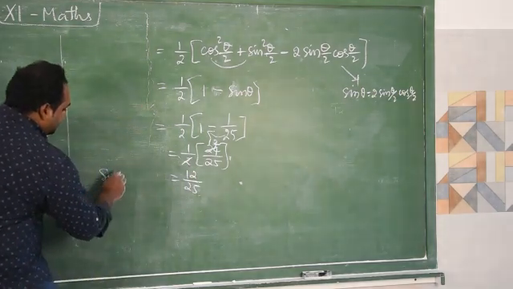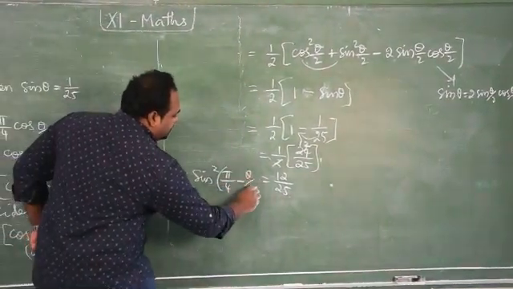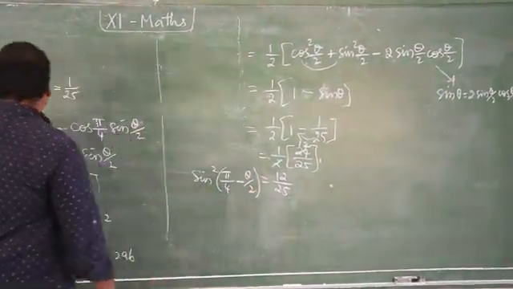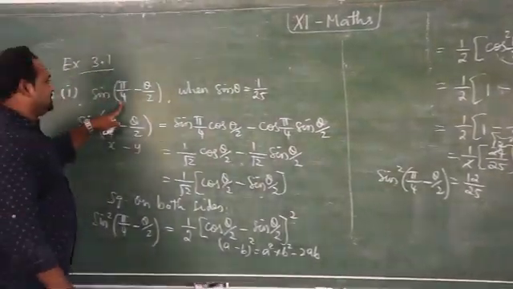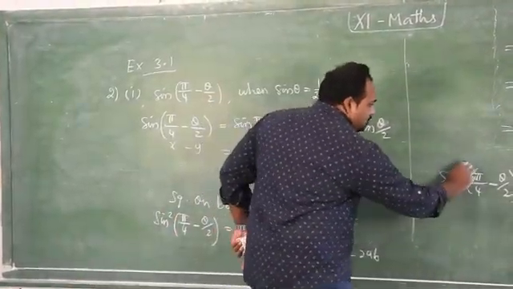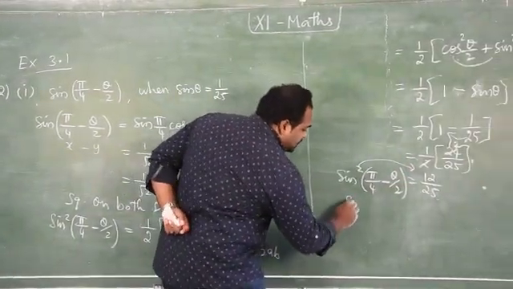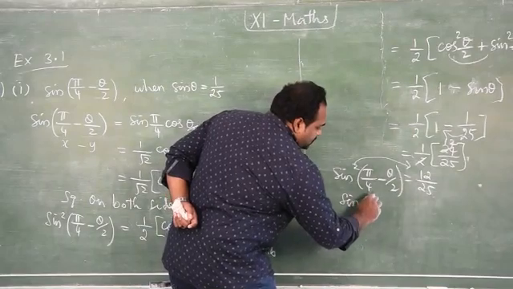On the left hand side I am getting sin square of pi by 4 minus theta by 2. Actually I have to find out the value of sin of pi by 4 minus theta by 2. Here we have sin square, so I have to bring this power to the other side. Automatically it will be a square root.